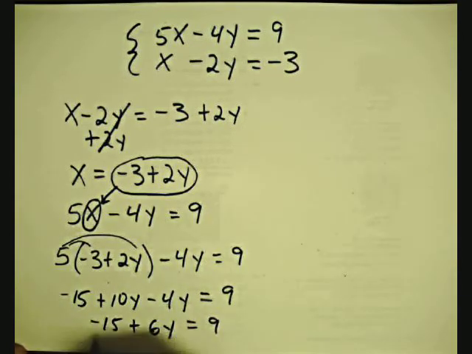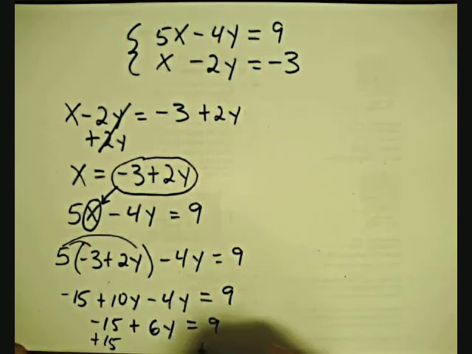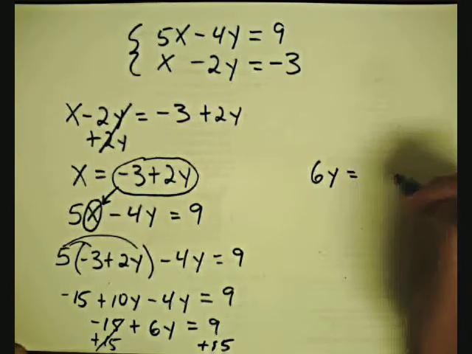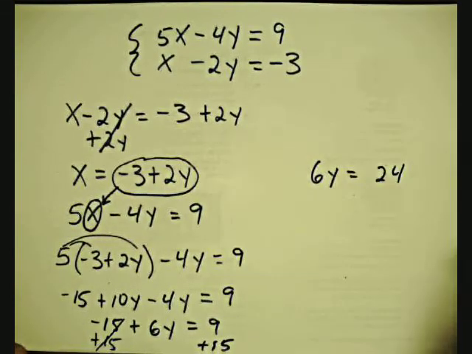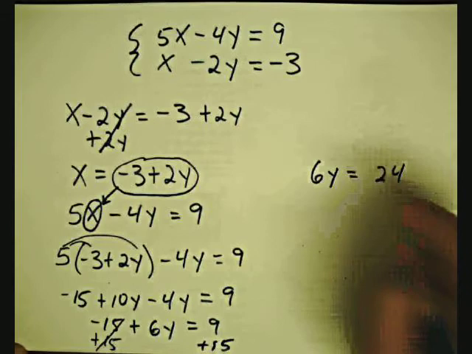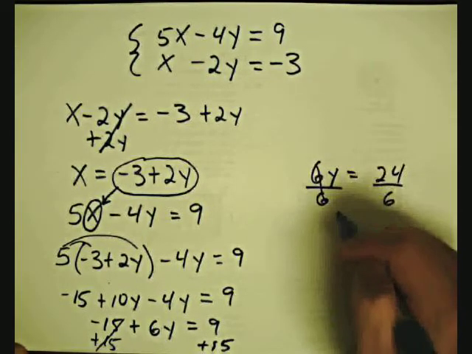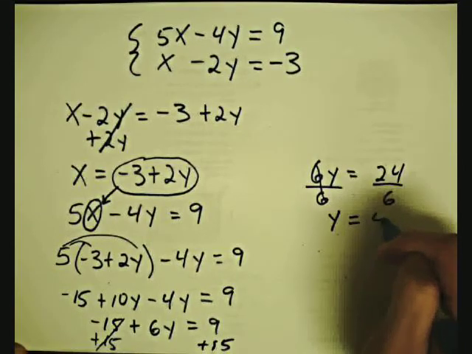Okay, eliminate minus 15 by adding 15 to both sides. So now we'll have 6y equals 24. And then our last step to solve, divide by 6. So we have half of our solution, y equals 4.